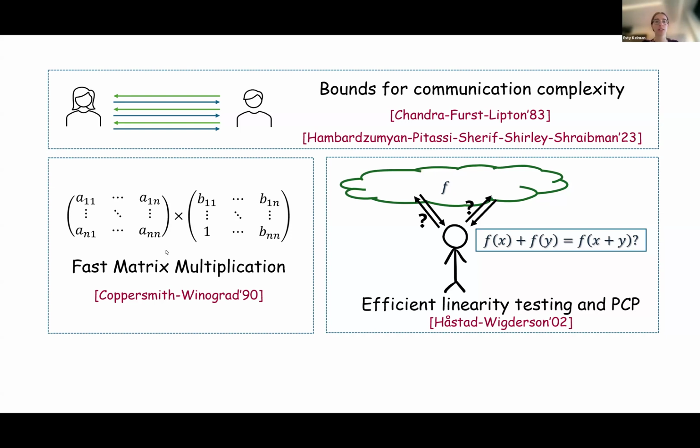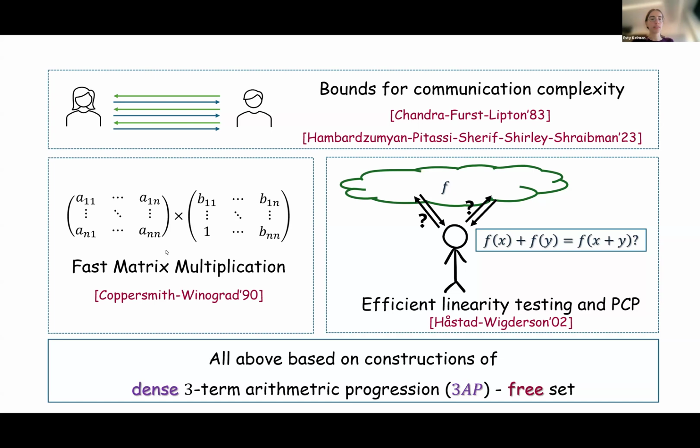And what I want to ask you is, what is common to all these papers? It turned out that all of them are based on constructions of dense sets that don't include three-term arithmetic progressions inside. The study of such sets in additive combinatorics has been very extensive, and applications for theoretical computer science don't stop here.